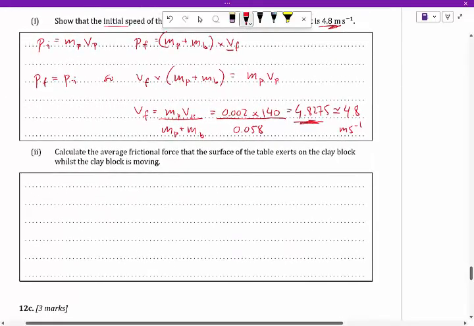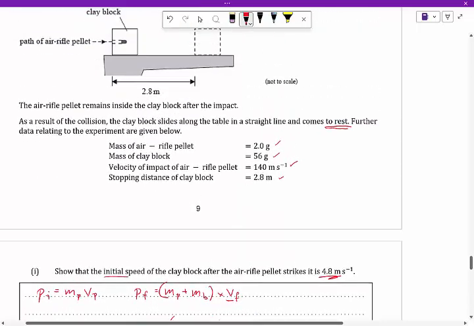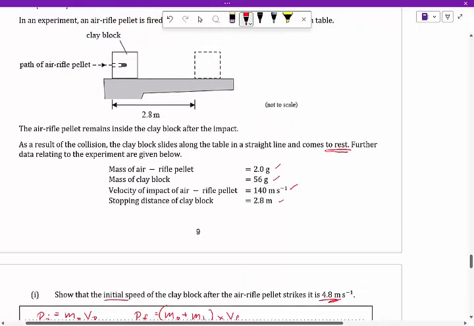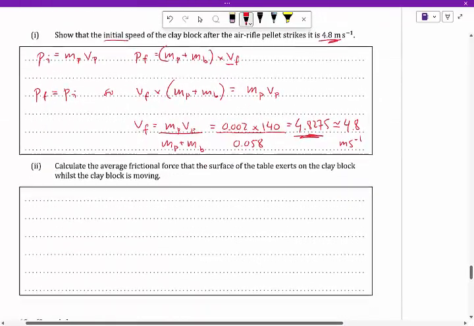Calculate the average frictional force that the surface of the table exerts on the clay block whilst the clay block is moving. Okay, the average frictional force is what slows it down. So what we can do here is work out the acceleration, because we know the distance here, and we know the initial speed now, and we know the final speed. And then we can multiply that by the mass to get the force.